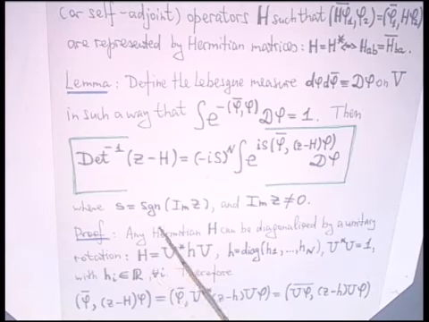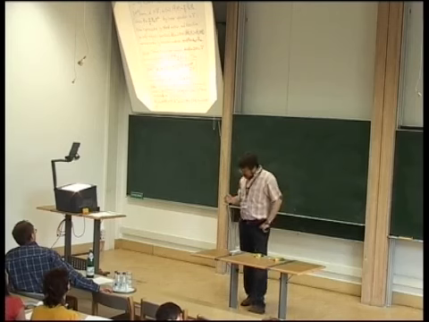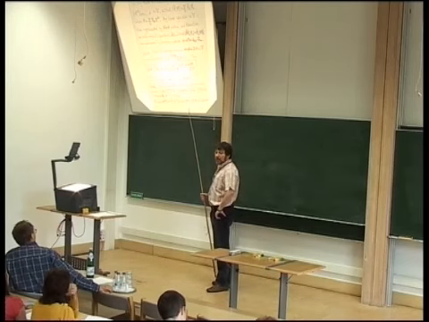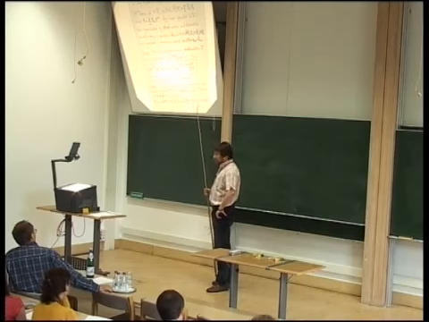Namely, a Hermitian matrix H can be represented, essentially uniquely, in the following way: a unitary matrix times a diagonal matrix times the Hermitian conjugate of the unitary matrix, which is the same as the inverse of this unitary matrix, because unitary matrices are defined by the relation that the product of the Hermitian conjugate of any unitary matrix with itself produces just 1, and 1 is understood, again, as the identity matrix.